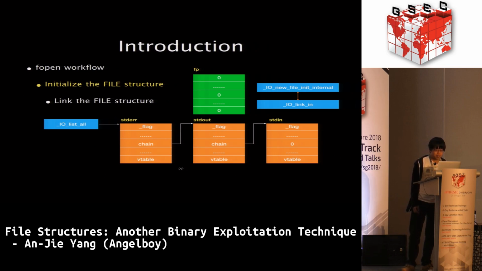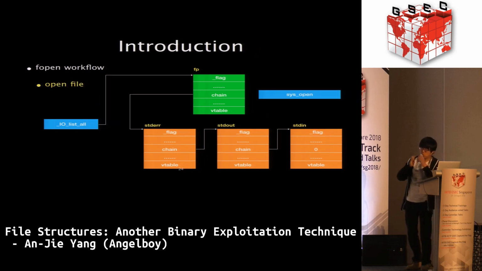It is very like the constructor in a C++ object. Next, it will insert the file structure into the linked list of file streams. Eventually, it will call the system call open and then fill in the file no.